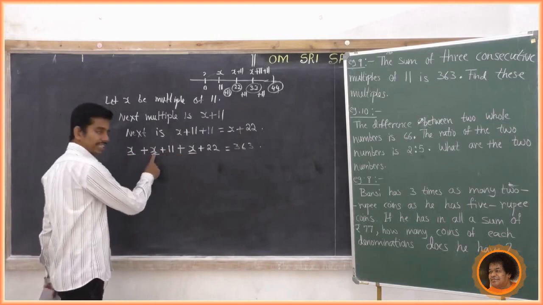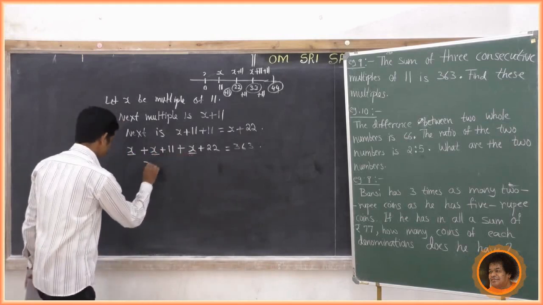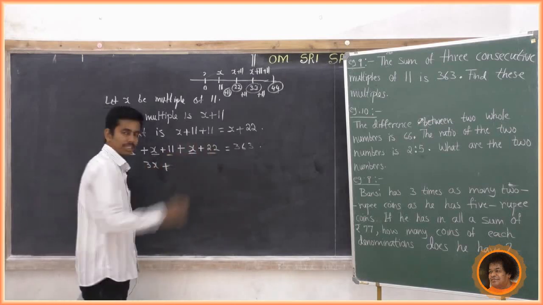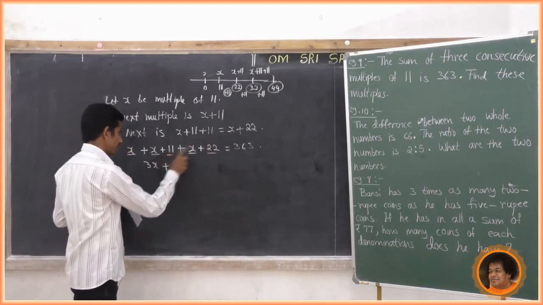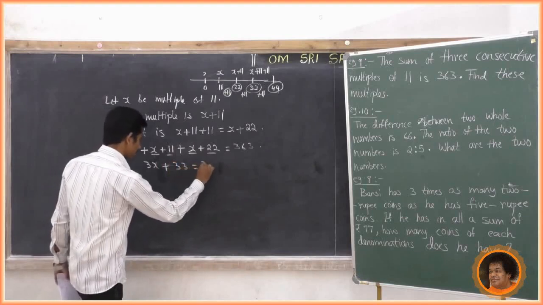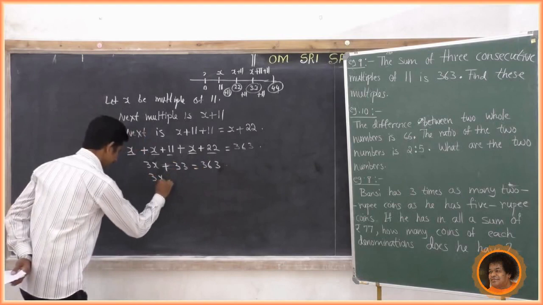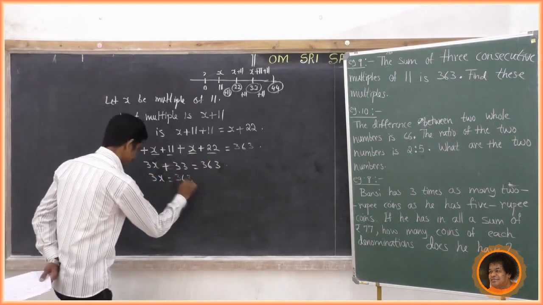Add these: x plus x is 2x, 2x plus x is 3x. So 3x plus 11 plus 22, and 11 plus 22 is 33, equal to 363.